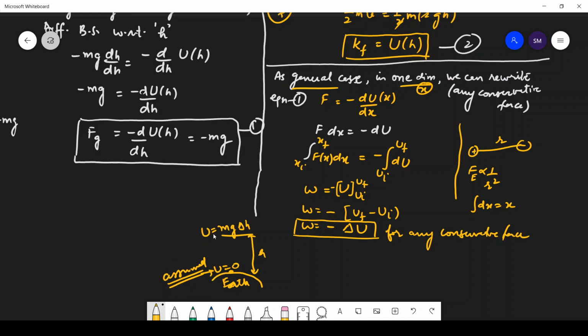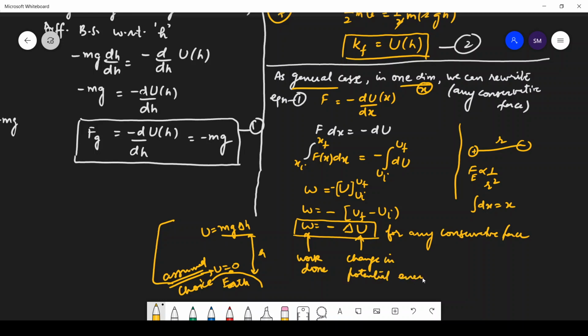Okay. So we'll discuss more about it. But this you can assume anywhere. That's your choice, where you assume the potential energy as 0. Because the work done is the change in potential energy.